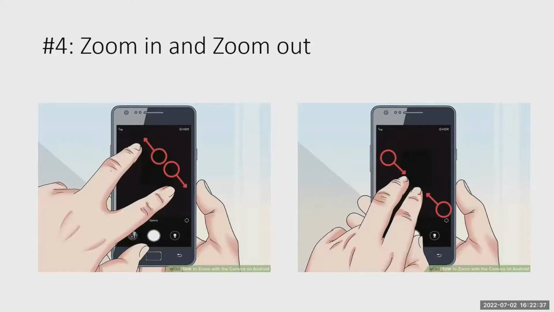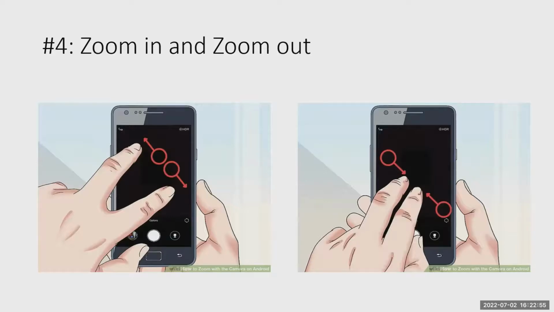But in an unavoidable situation, let's say you're focusing on a wild animal and you can't really approach it, zooming in or out might really help you where the situation really calls for it.